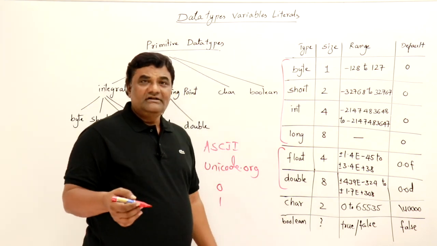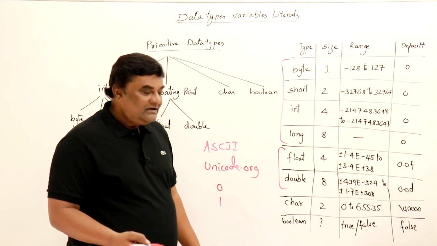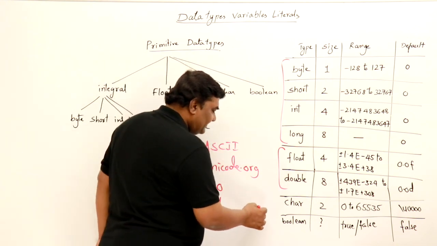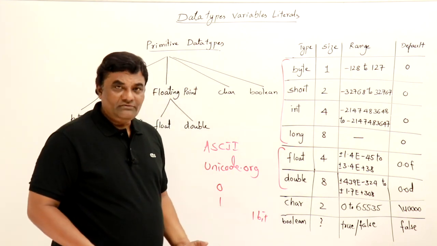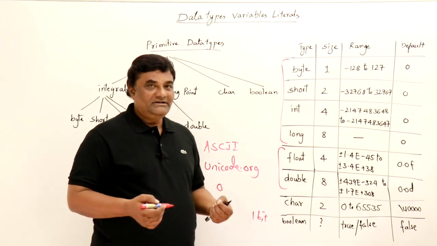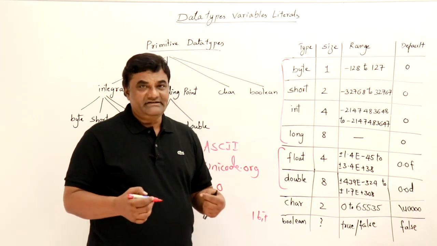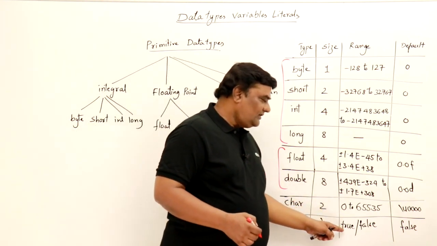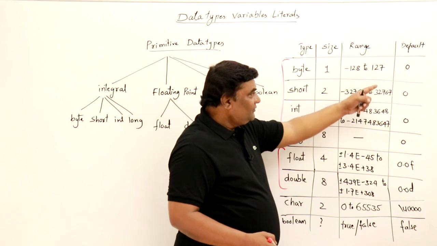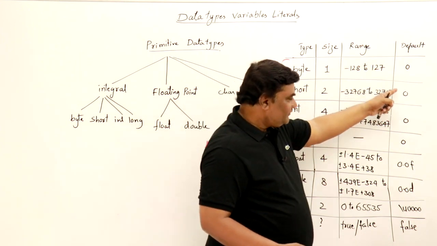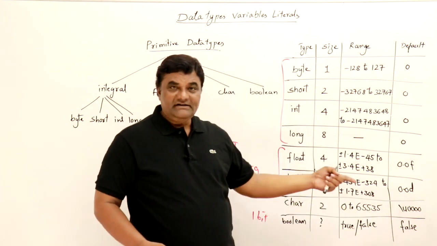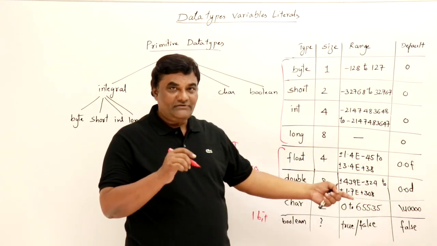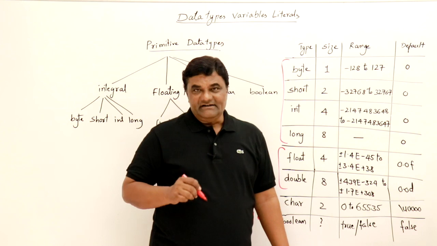It depends on the environment or the JVM. But we say that minimum it takes 1 bit, or at most it may take 1 byte also. Exactly how much memory it takes, we cannot say. It can hold either a true value or a false value. Now if you look at the default values, all are zeros only, except this one, false. It is false, not 0. So that's all. These are the data types.